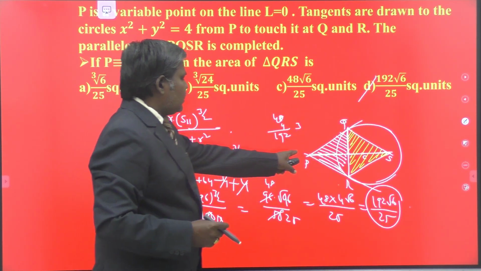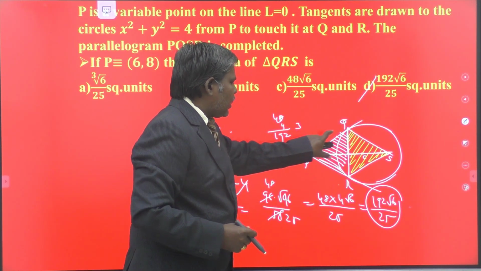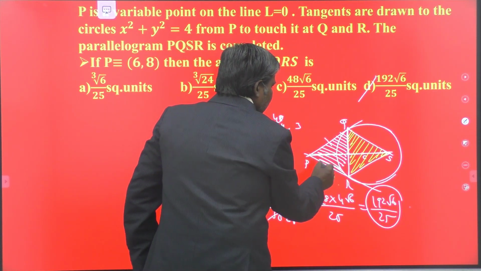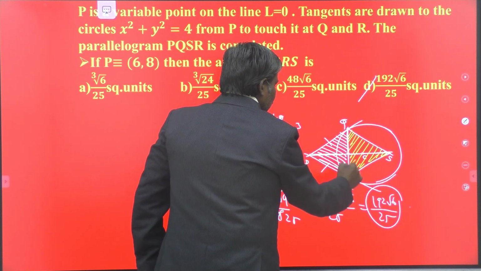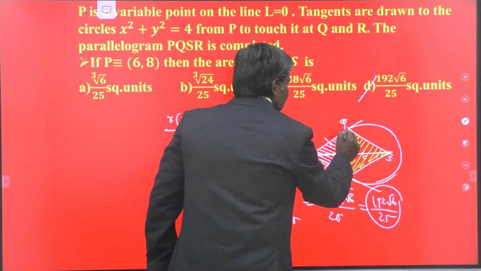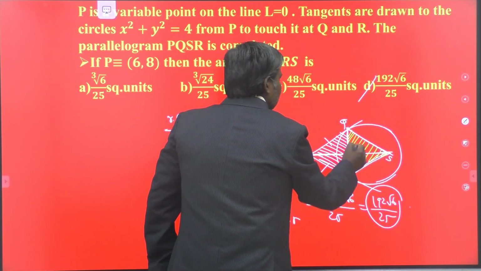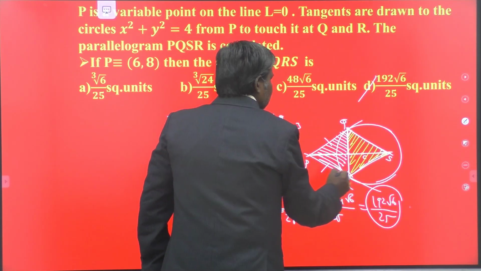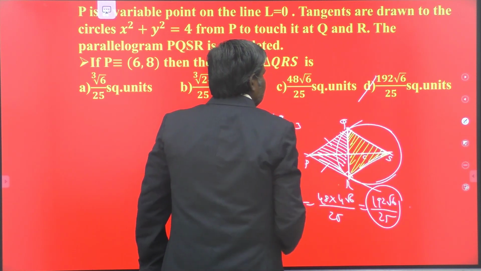Tangents are drawn from that point and we are making one parallelogram here. These two distances are equal, so this becomes the perpendicular bisector of this isosceles triangle. Automatically the figure is symmetric. Therefore these are the corresponding radii. This is 90 degrees, it is also 90 degrees. So your S is here.